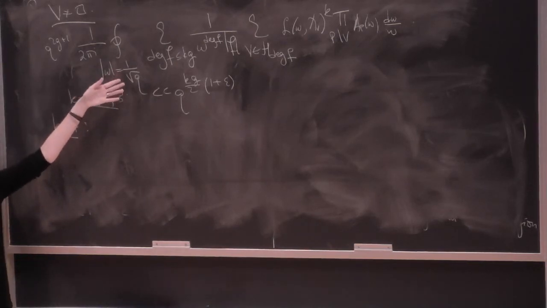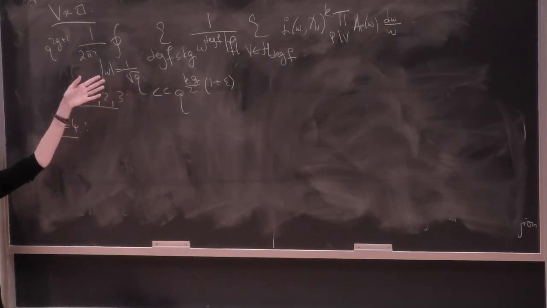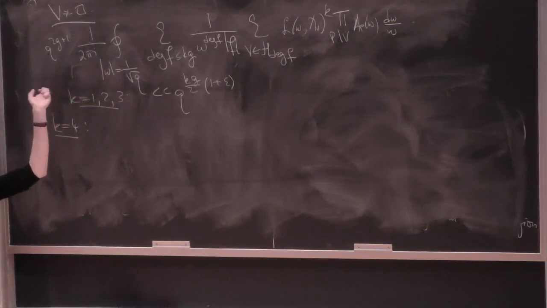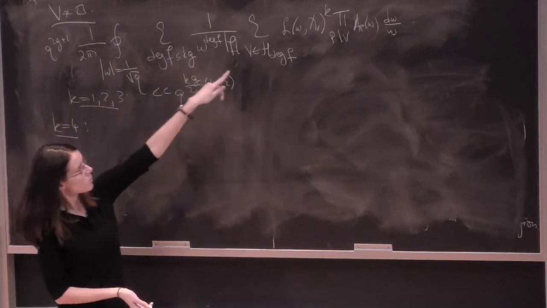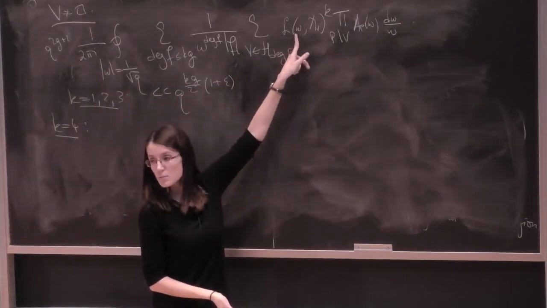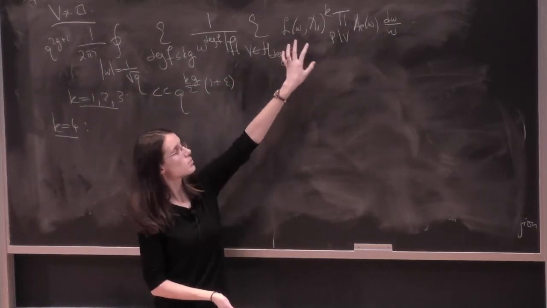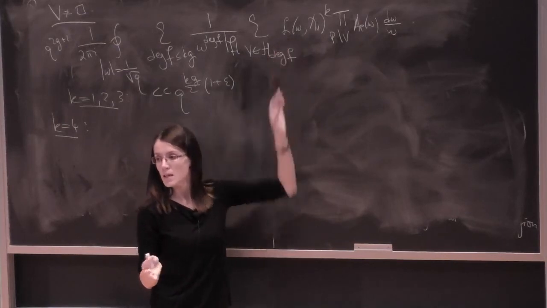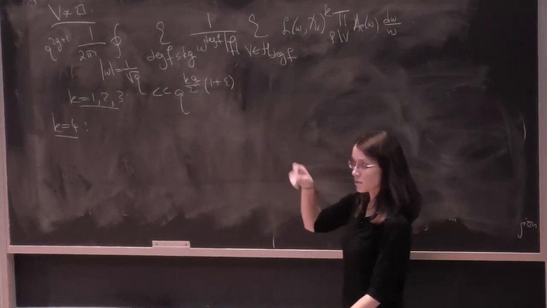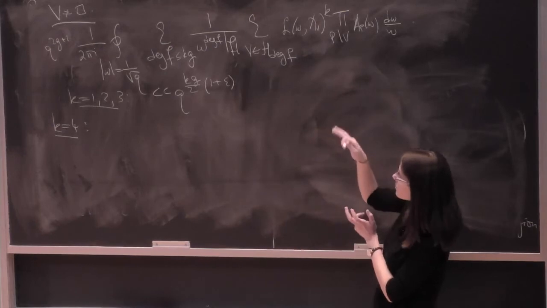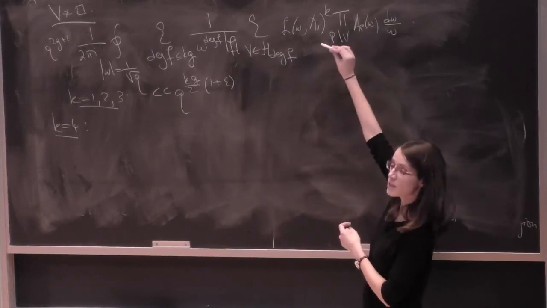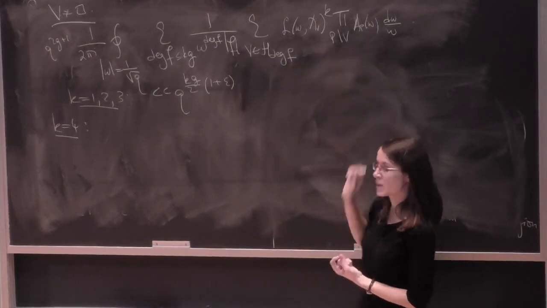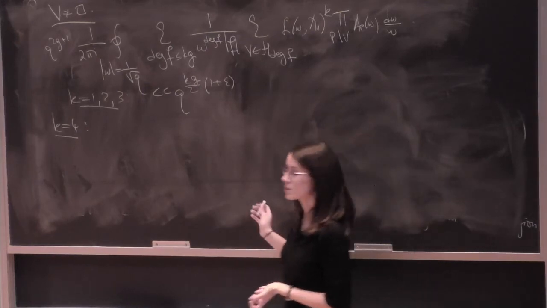So this is like integrating along the line with real part equal to 1/2. So when w is close to the critical point, 1 over square root of q, I should expect this L function to be pretty big. However, as I move further from the critical point, this L function should get smaller. So we should try to exploit that here.